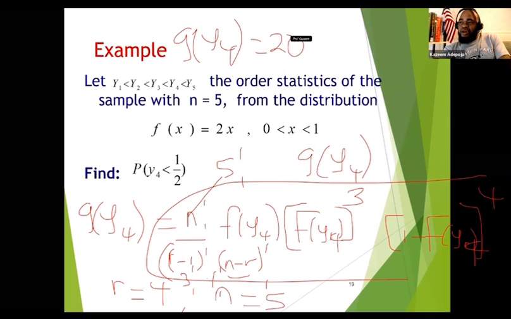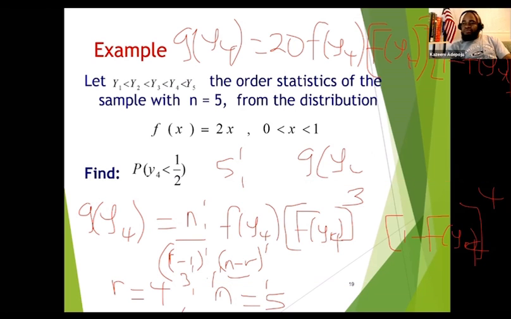Then I'm going to have f of y4, and a capital F of y4, raised to power 3, then 1 minus F of y4 raised to power 4. That is what I'm going to have at the moment.